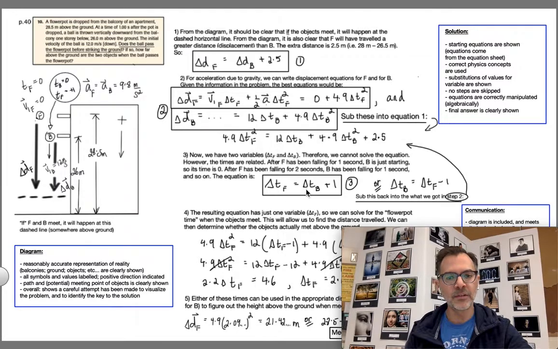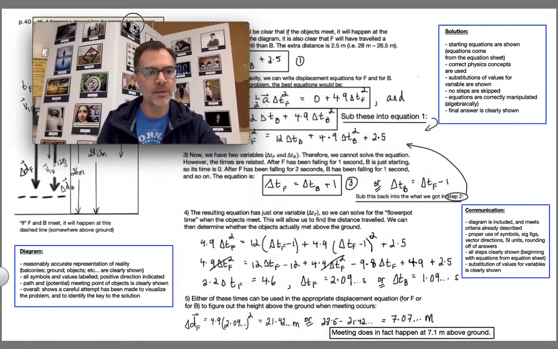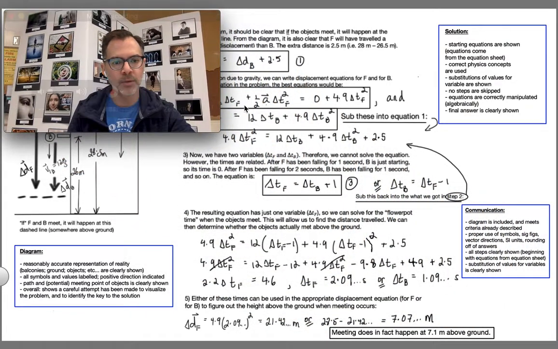If you now use this to sub back into this one, you can eliminate one of the time variables and get all of the time variables to be the same. So at this point, I'm just going to move myself up here so I'm not in the way of the problem. And you'll see that with a little bit of algebra, there's a bracket to expand here. Remember, squaring the bracket, write the bracket twice.